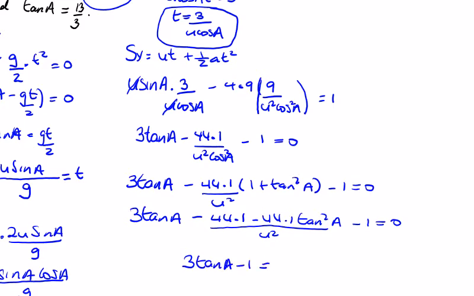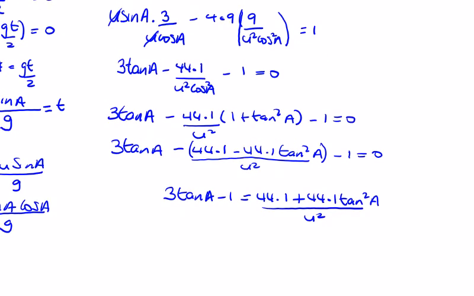is going to be equal to, well, this is like having a minus 1 in front here of this, so it's going to change signs when we bring it across. So it's going to be 44.1 plus 44.1 tan squared alpha over u squared. So if we solve this in terms of u squared, I think this will help us get to the answer.